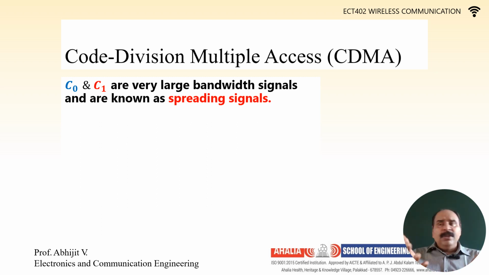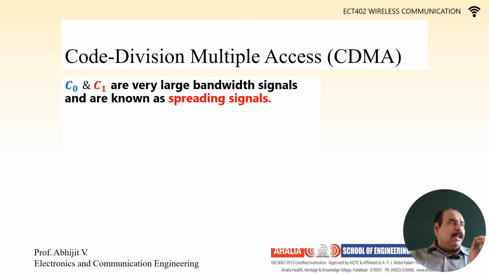We can have many other kinds of systems where we create codes and then extract the transmitted signals. This method of transmitting signals using codes is called code division multiple access. Very easy and very simple for all of you to understand. Am I right? Yes or no?